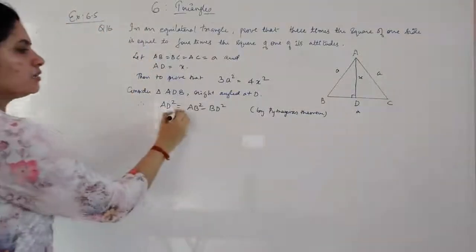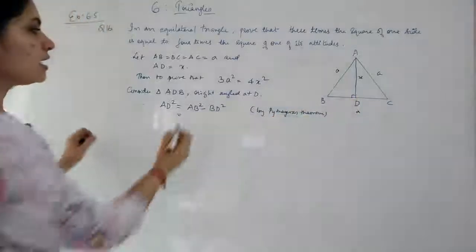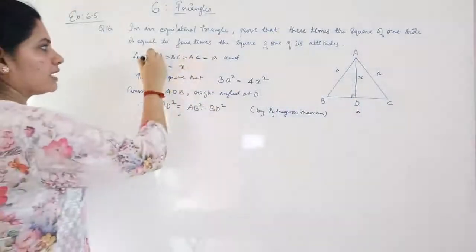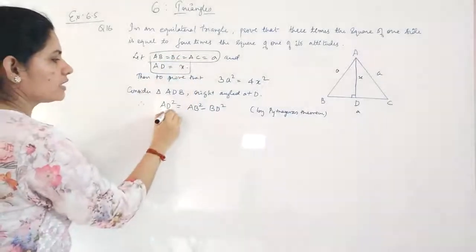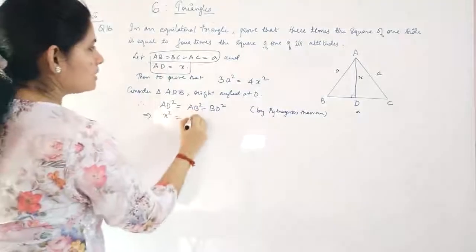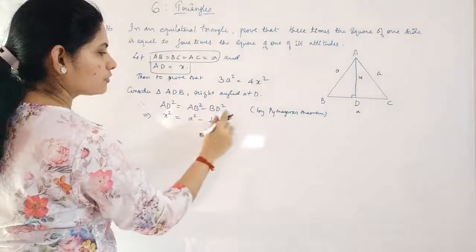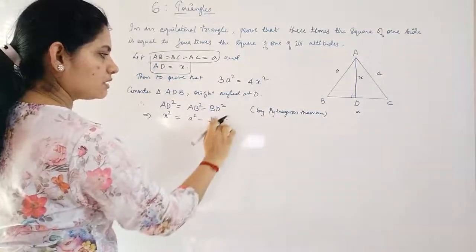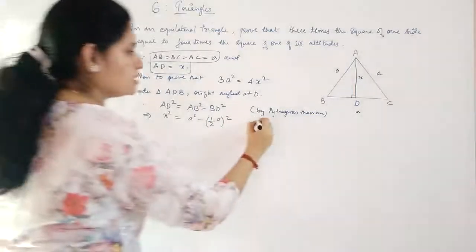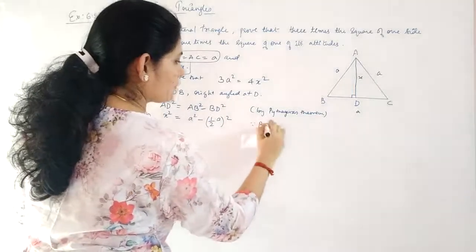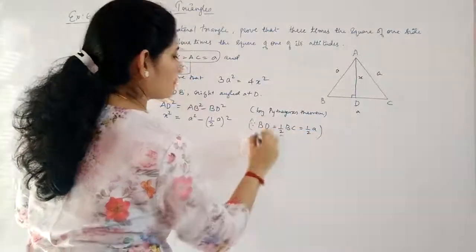Now we are replacing BD with half of BC, and AB and BC we have taken as a. So we are replacing AD as x. You'll get x square is equal to a square minus half of BC, and since BD is equal to half of BC, that is half of a, the whole square.